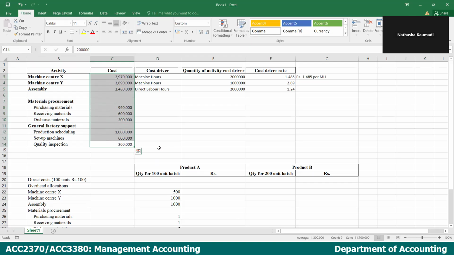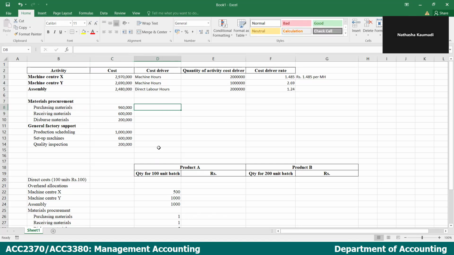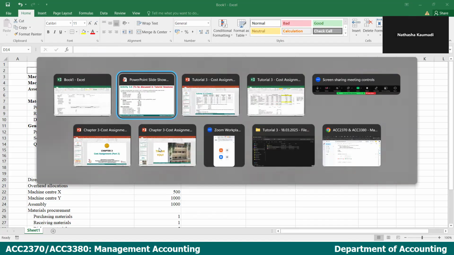Right. Now, you need to decide what is the cost driver. Now, what's the cost driver for purchasing materials? What drives that activity? Receiving materials, disbursing materials, production scheduling, setting up machines, quality inspection. What are the drivers?